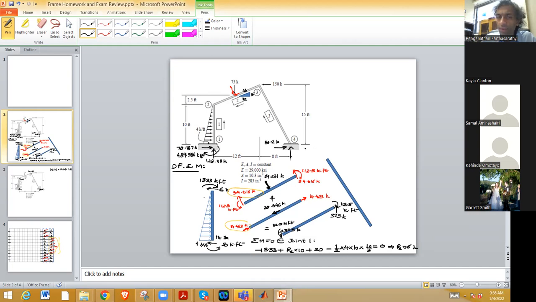Vertical is downward, 53.118 kips. Moment is again clockwise. Convert to kip-feet.